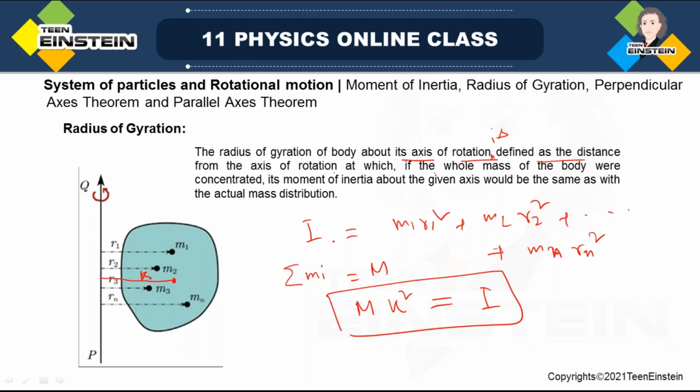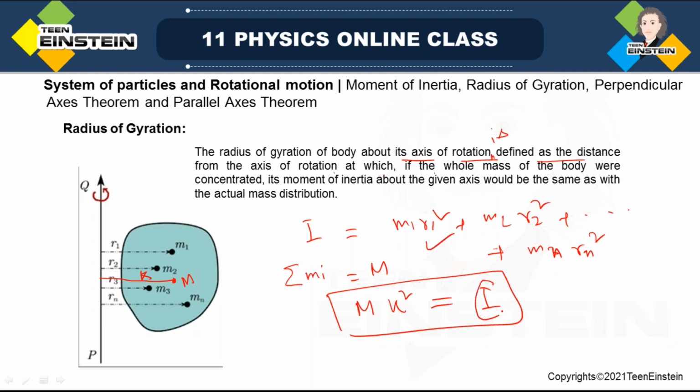So the radius of gyration is the radial distance of a particular point on the object from the given axis of rotation, where if the whole mass M is concentrated, the moment of inertia about that axis will be the same as the moment of inertia with the actual mass distribution.